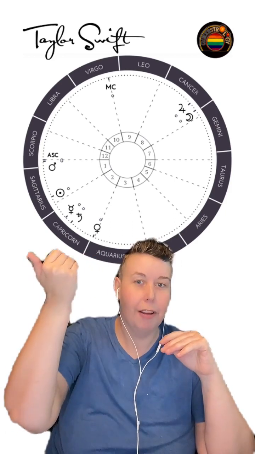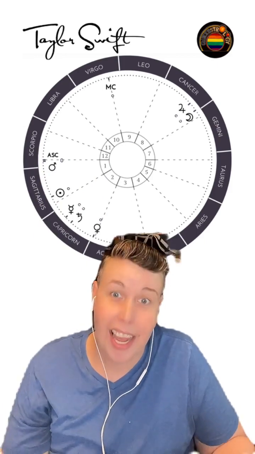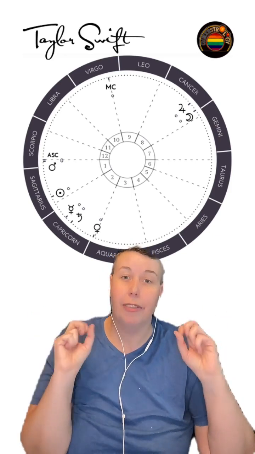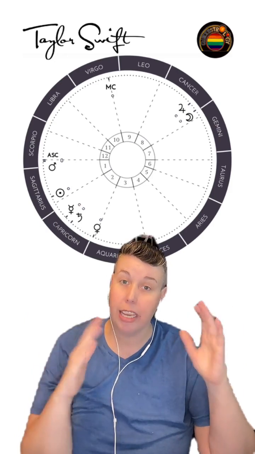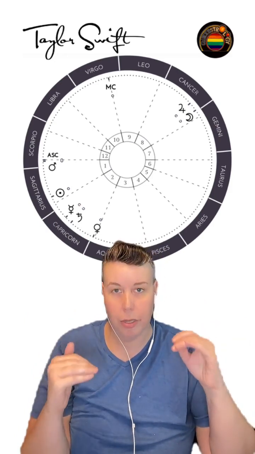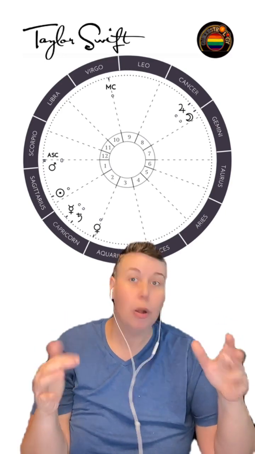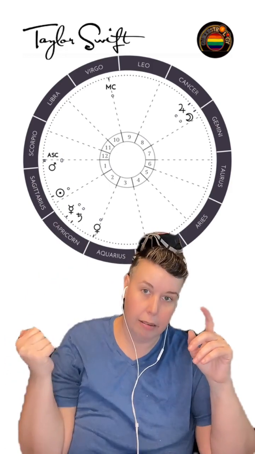Now we also have Scorpio that is ruling the 12th house of intuition and dreams. All right. Now, remember I was telling you earlier that I don't have the generational planets on, but if I did, Pluto, which is one of those generational planets, takes 15 to 30 years to go through an individual sign. Okay. So anybody who's within the same age range as Taylor will also have their Pluto in Scorpio. The differences are which house it's in.